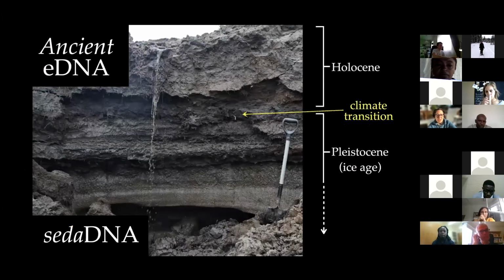And of course, we're here not just talking about environmental DNA, but ancient environmental DNA or sedimentary ancient DNA, called both of these things. This is just a picture from one of my field sites in Alaska, where what we see is a sedimentary layer. There's a lot of ice and frozen dirt there, and there's a chunk of sticks and wood and leaves and stuff that I've pointed a yellow arrow to.